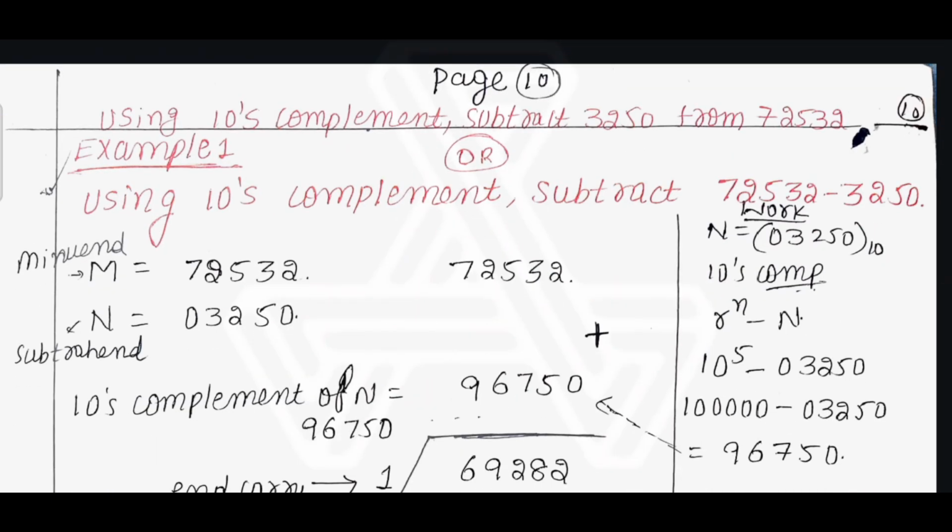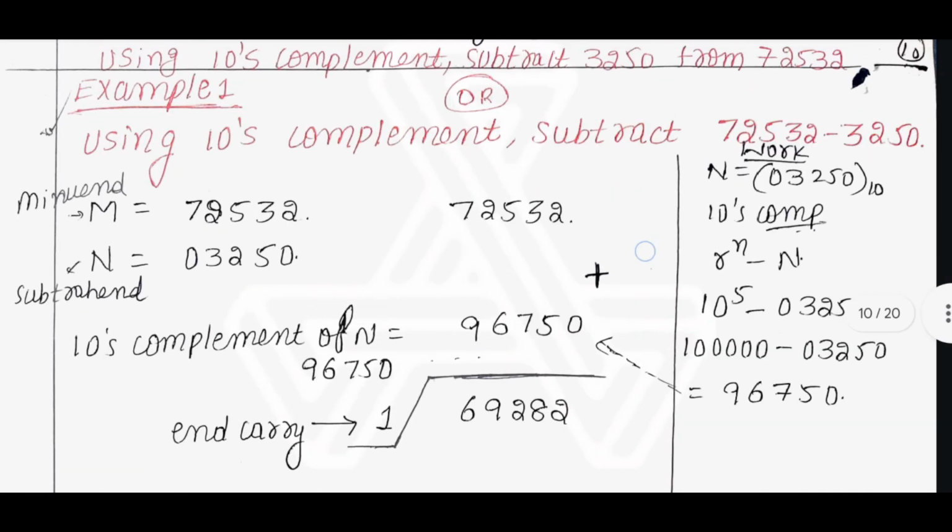Using tens complement, subtract 72532 minus 3250. We have to find the tens complement of n first. What is the tens complement of n?